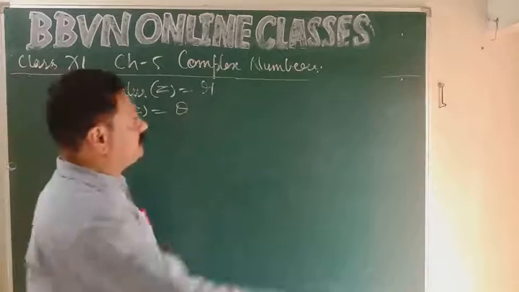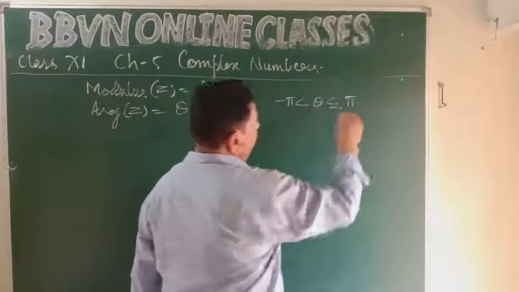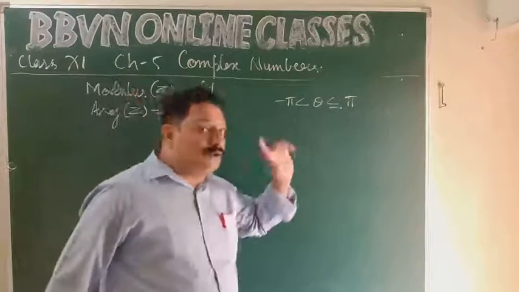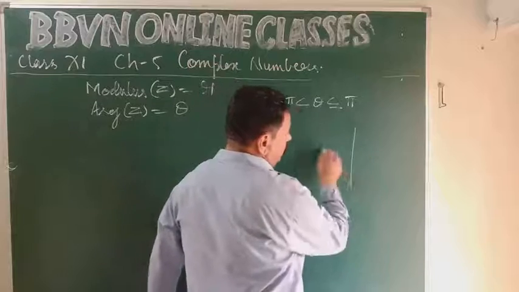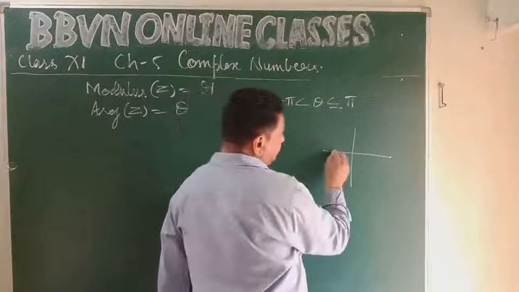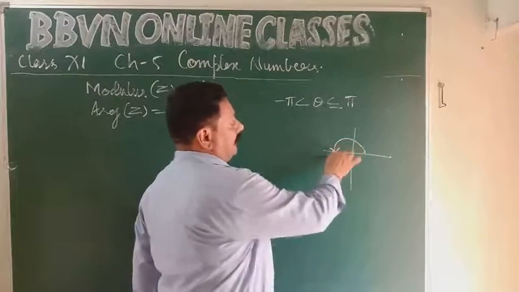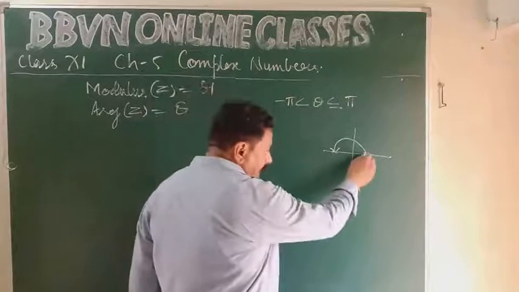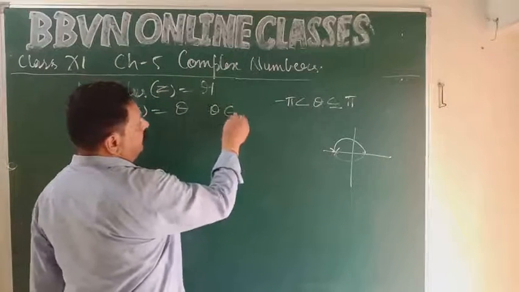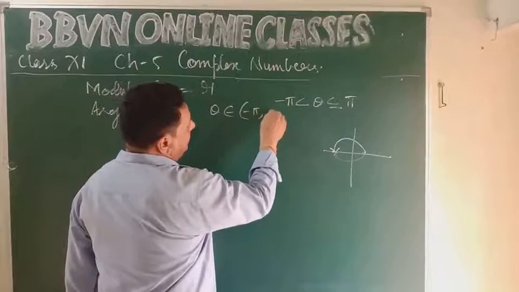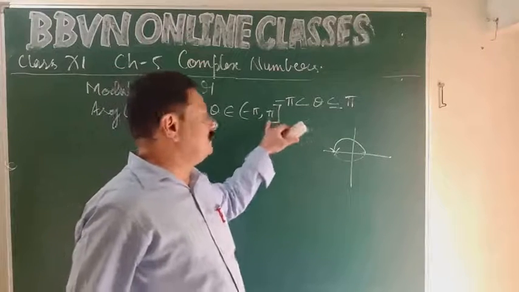About theta, we know one thing: minus pi less than theta less than or equal to pi. So the value of theta can be not minus 180 degrees but more than minus 180 degrees, up to 180 degrees. You cannot include minus pi because if z lies on the negative x axis, we take the angle as pi, 180 degrees. You cannot take the negative direction, already we have considered it, so this will not be considered. In other words, you can say theta belongs to (minus pi, pi]. Open bracket means it is not included, closed bracket means it is included.